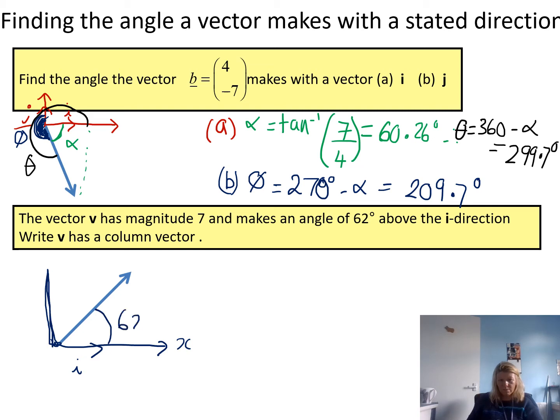It says this thing's got a length of 7. So again, all we have to do to find this as a vector is work out how many up, how many along. We can use a bit of trig. So we know this is an angle of 62 and that's the hypotenuse. So 2 bits of trig really.